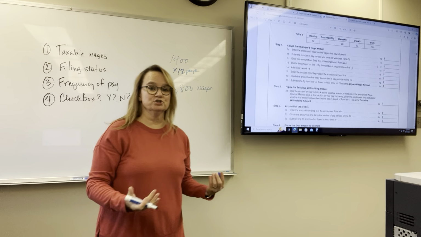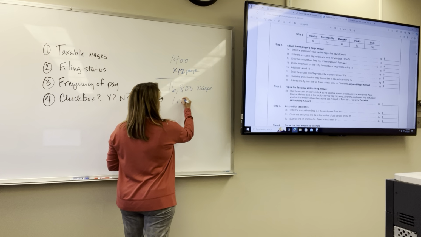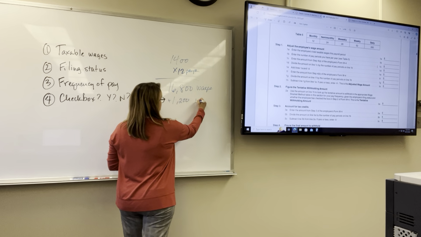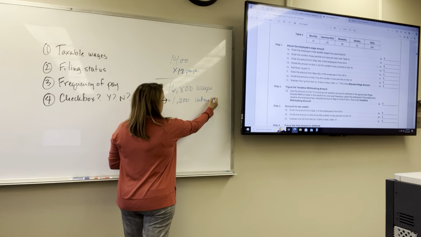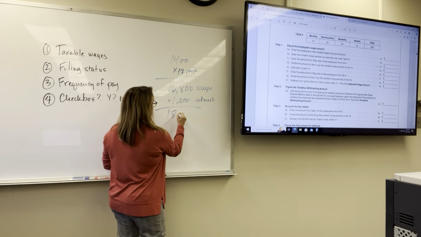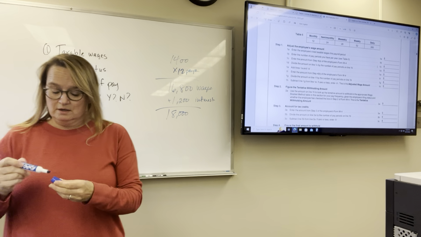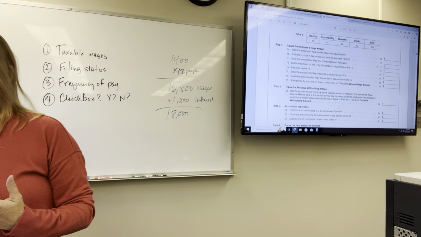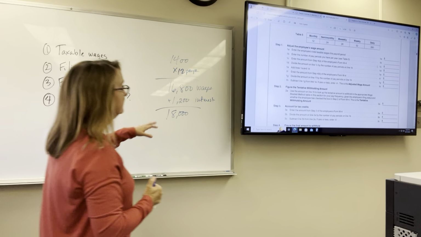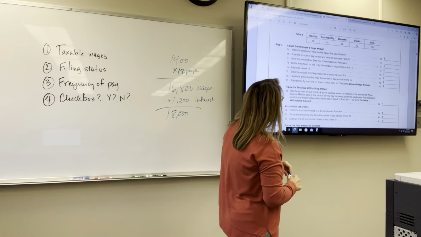But they've got that additional interest income, let's say $1,200. So $18,000. This is how much they want to base their withholding on, if there was something listed on step 4A on the employee's W-4.